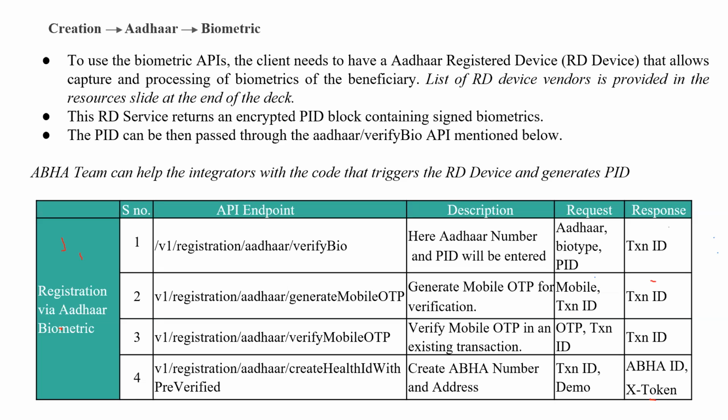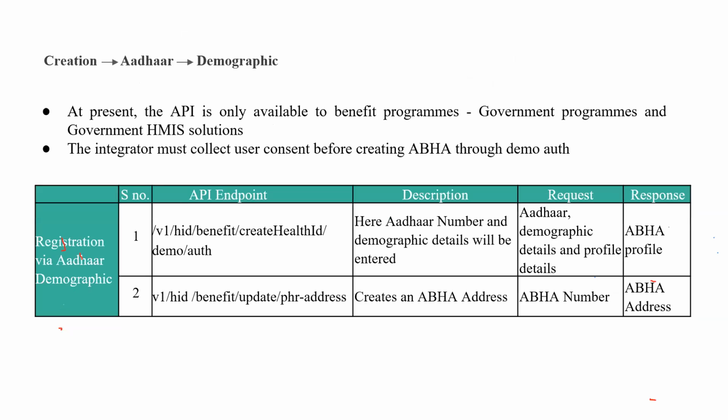Instead of the second API, generate mobile OTP, you can use check and generate mobile OTP, which we have shown in the previous slide. When you use that API, you will receive a yes or no response.